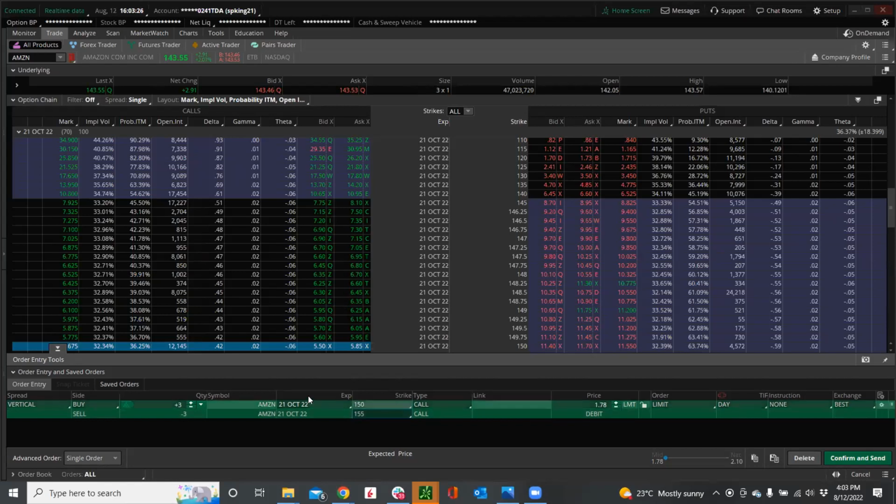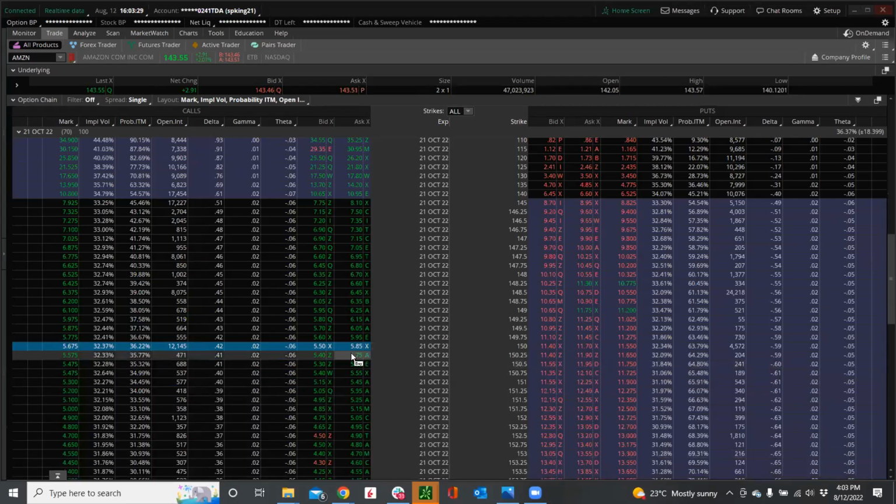So that's it. Again, this is recorded, so you can go back and watch it. All I did was I went to the 150 strike here. This is all of the strike prices and the expiration. So this is all under the 21 October expiration date. Here's all the strike prices. I just went to the 150.